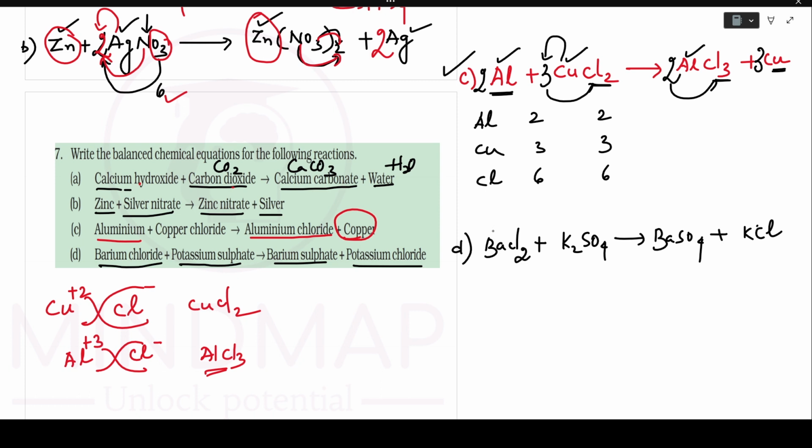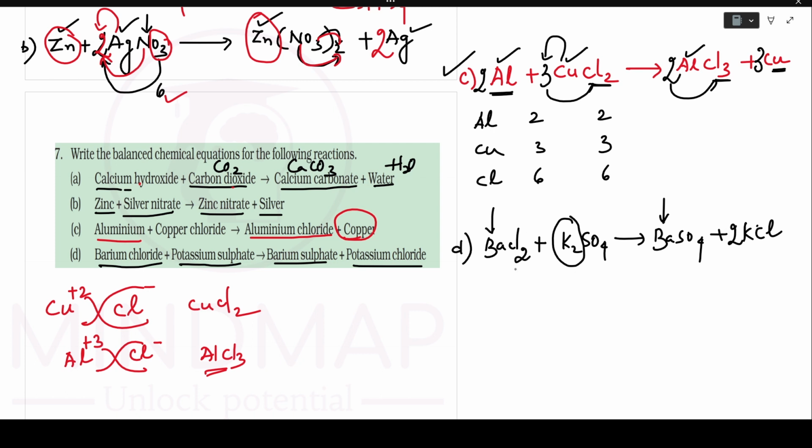Now balance it. Barium here is 1, here also it's 1. Then potassium is 2 here, and potassium here is only 1. So what we will do? We will write here 2.